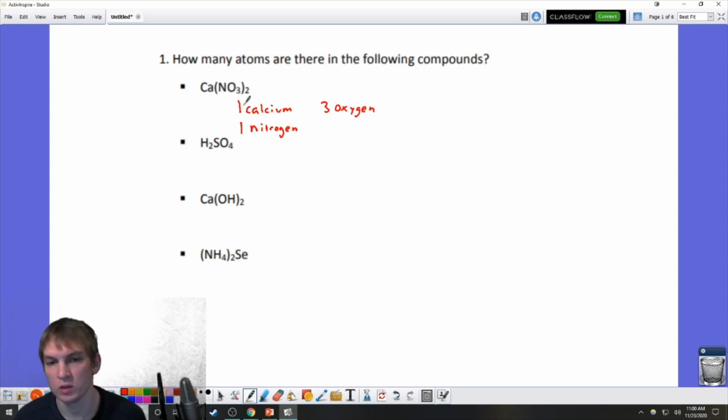So you could have probably guessed that we actually have 2 nitrogens, right? So overall, we have 2 nitrogens because we're multiplying that 2 out. You actually have to distribute that 2 out. So 2 nitrogens and then 6 total oxygens. How many atoms are there total? There's a total of 9 atoms here.